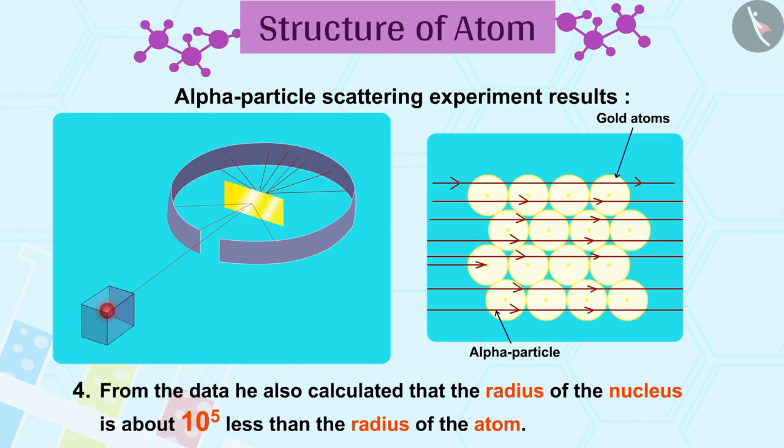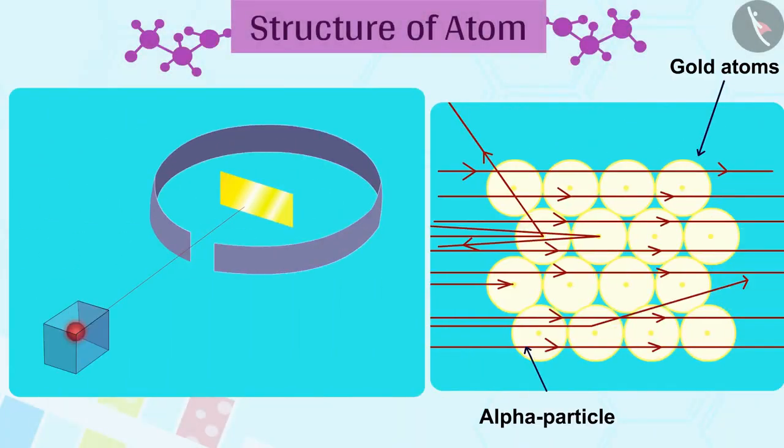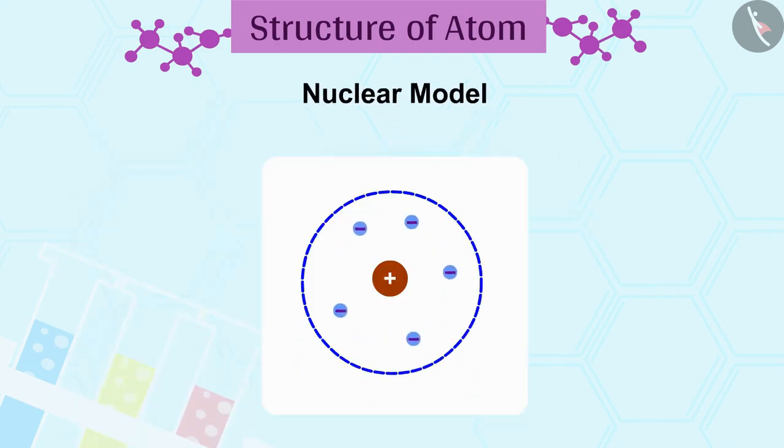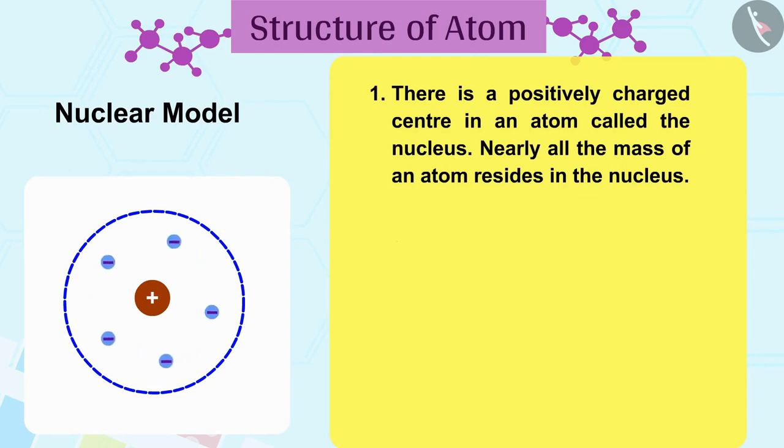Four, from the data, he also calculated that the radius of the nucleus is about 10 raised to 5 times less than the radius of the atom. Based on his experiments, Rutherford presented the nuclear model of the atom. One, there is a positively charged center in an atom called the nucleus.